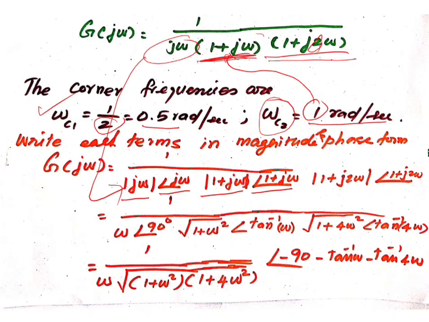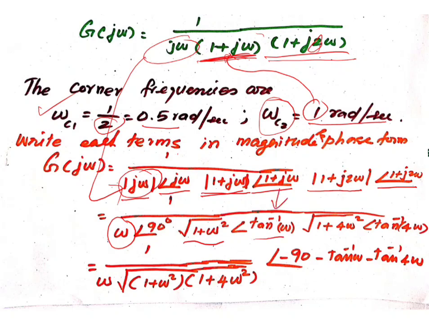The third term is magnitude of 1 + j2ω and phase angle of 1 + j2ω. Now we have to take the magnitude and also the phase. The magnitude of jω is ω, and the phase angle of jω is 90 degrees. The magnitude of 1 + jω is square root of 1 + ω², and the phase angle of this one is tan inverse of ω.